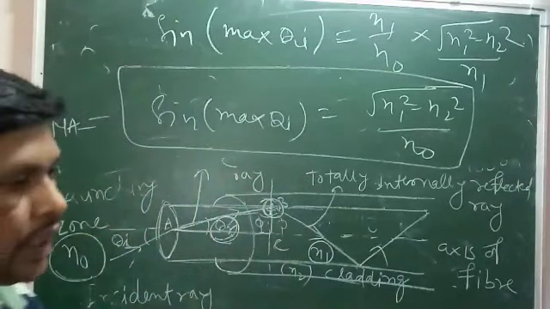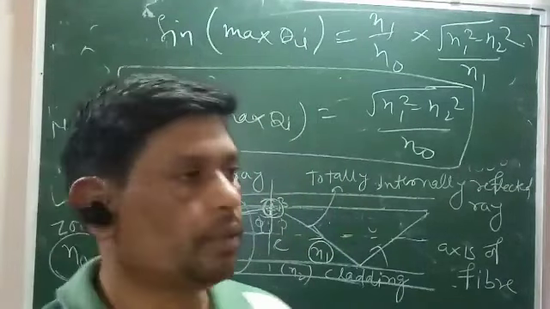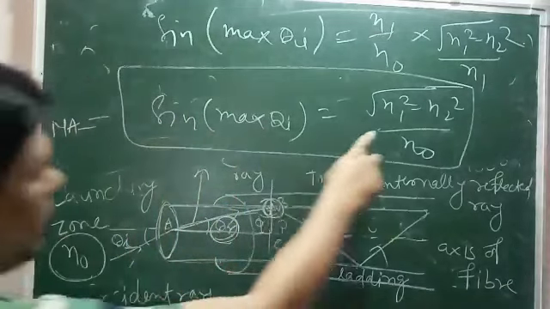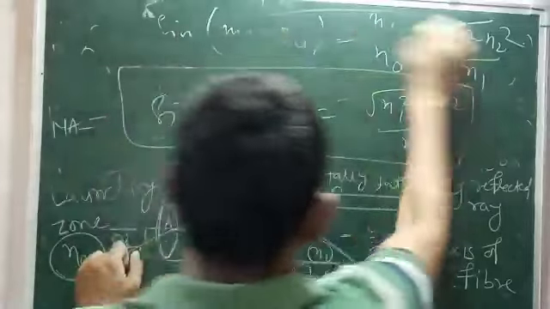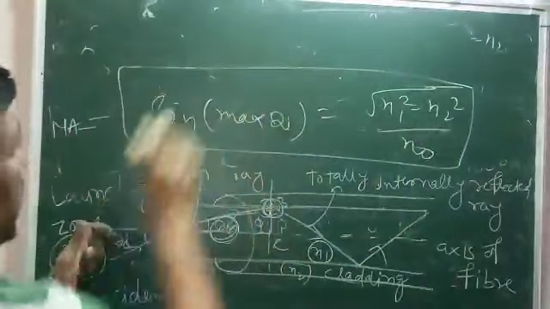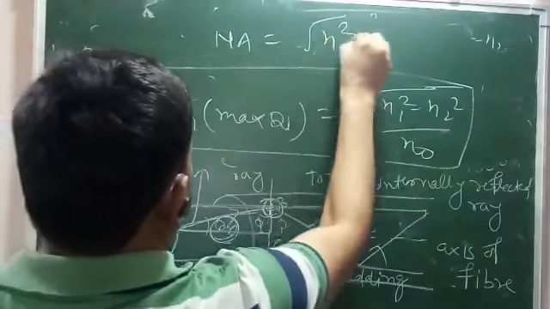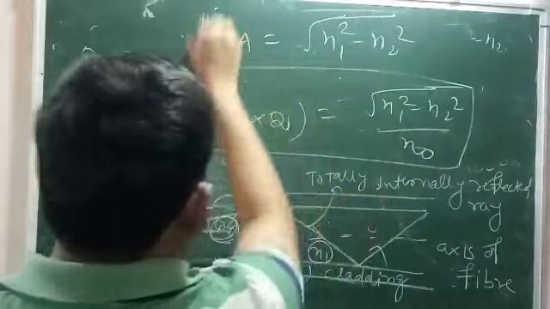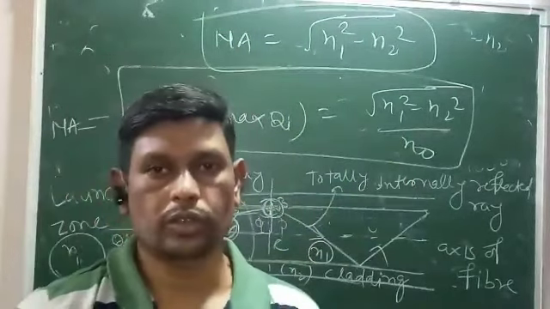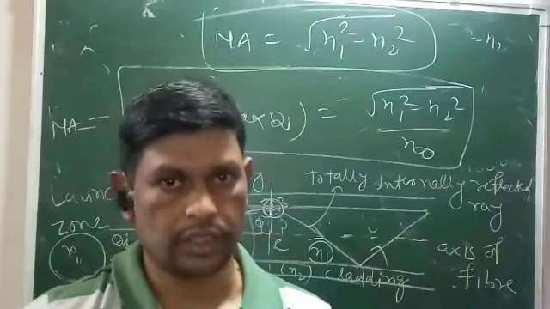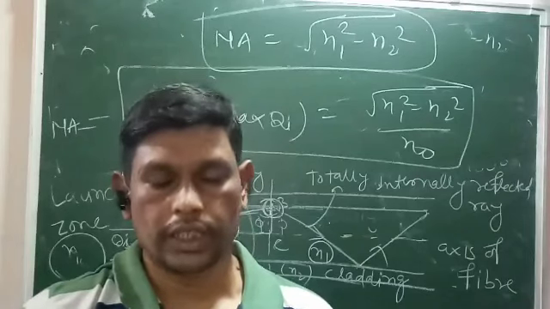Or in another way, the numerical aperture can also be defined as the light-gathering ability of the fiber. And the mathematical equation for NA is root over N1 square minus N2 square upon N0. And it can also be written as NA is equal to root over N1 square minus N2 square, because in general the launching zone refractive index is taken as 1, because the launching zone is generally taken as air.